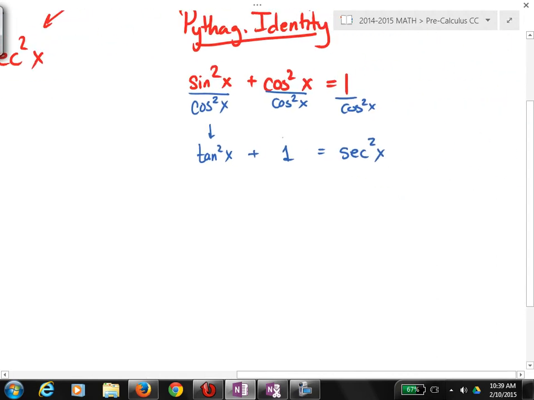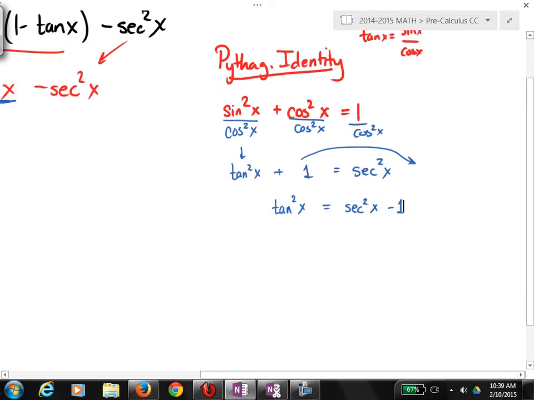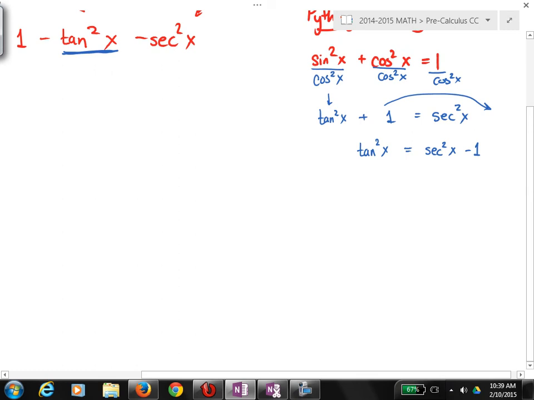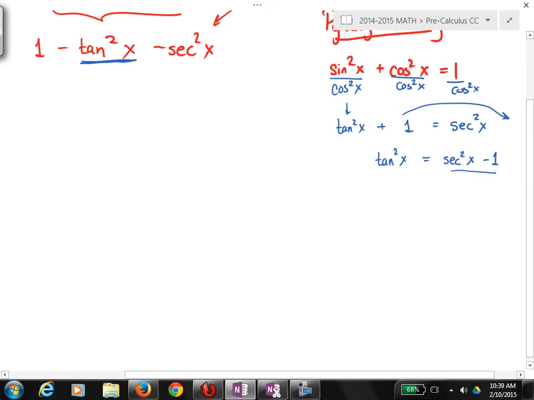If I do that, I'm going to move this over here and say tangent squared of x is equal to secant squared of x minus 1. Okay, and then I'll take a different approach right now. What I'm going to do is replace this right here with this tangent squared of x. So I still have that minus in front, so just be careful. And then I have secant squared of x minus 1.